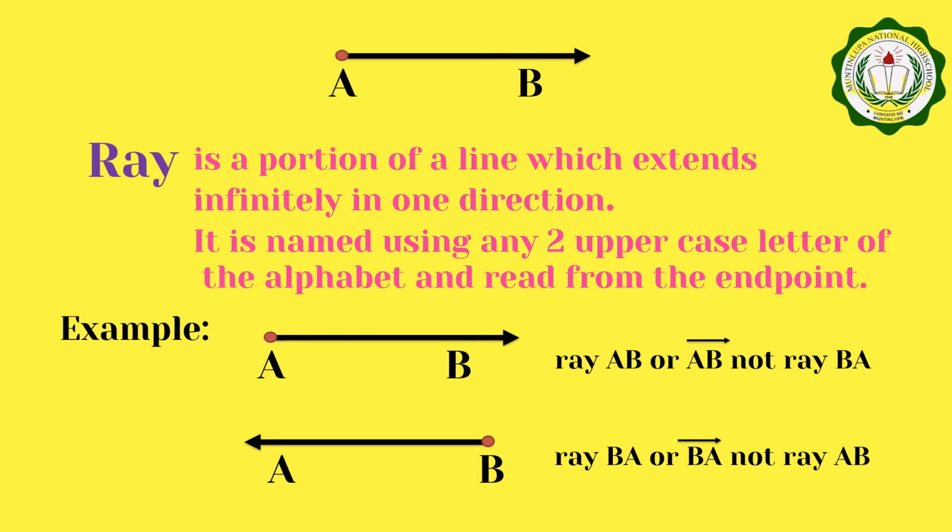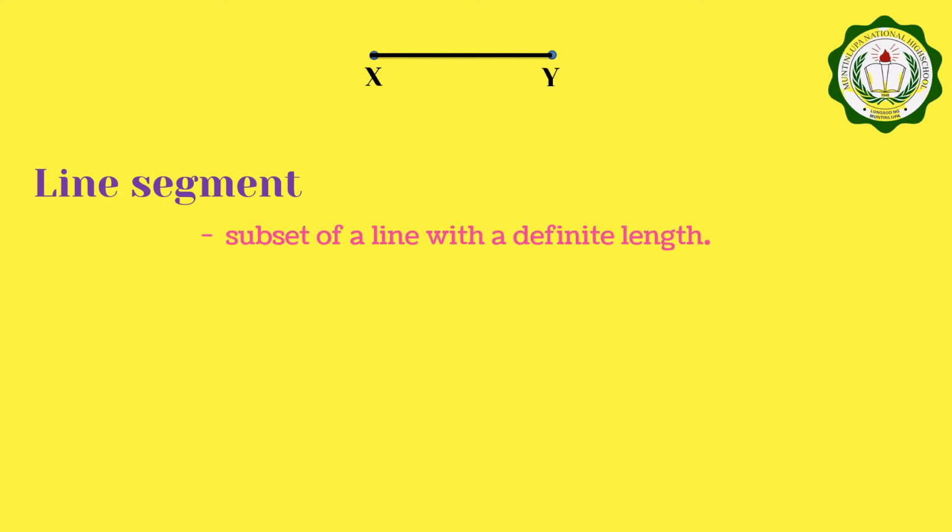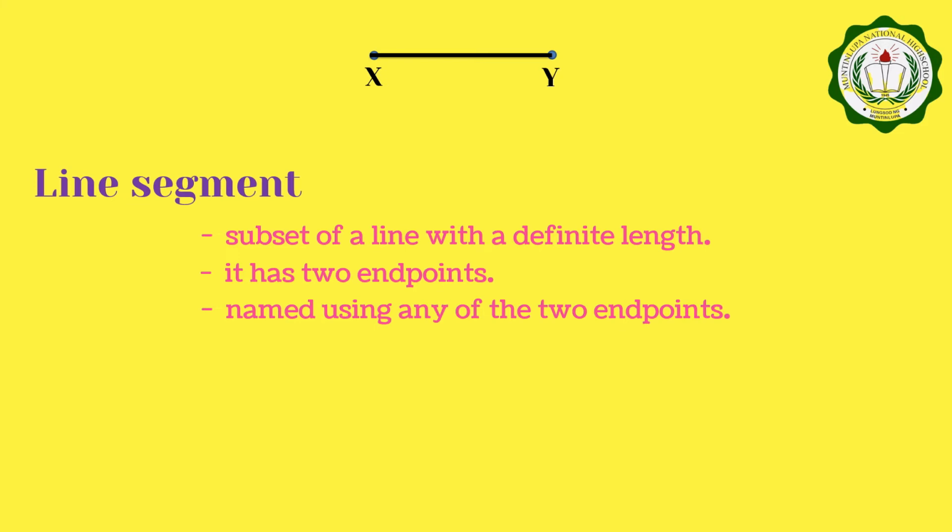What about if we cut the 2 arrowheads? What do we have now? We will have now a line segment. Our line segment is a subset of a line with a definite length. It has 2 endpoints. It is named using any of the 2 endpoints.